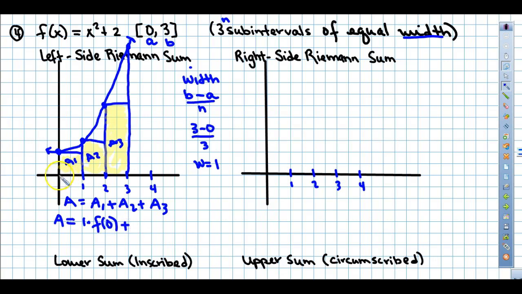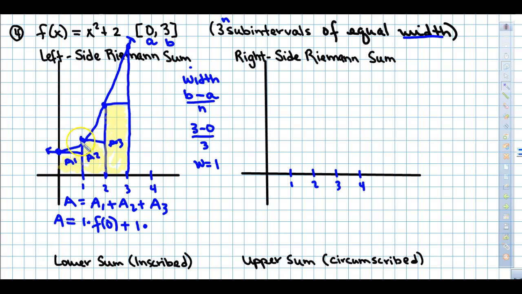Alright, so that is the width of this rectangle times the height of that rectangle. Length times width gives us the area, right? Now, second rectangle, the width is still 1 times the height of this rectangle, which is right here.